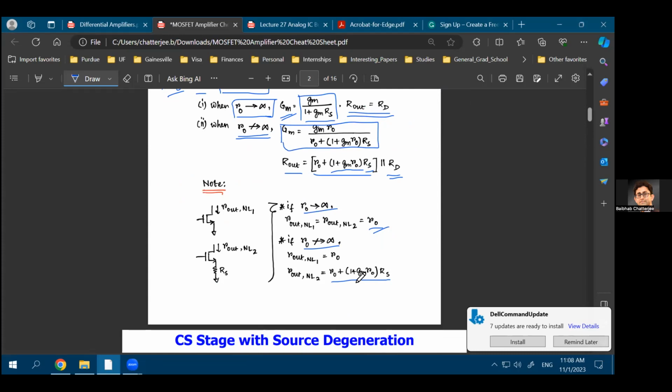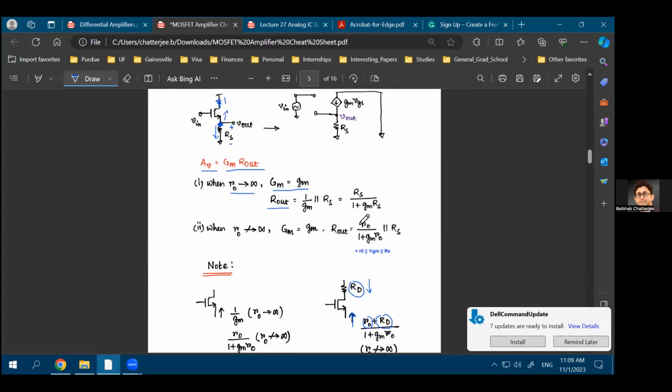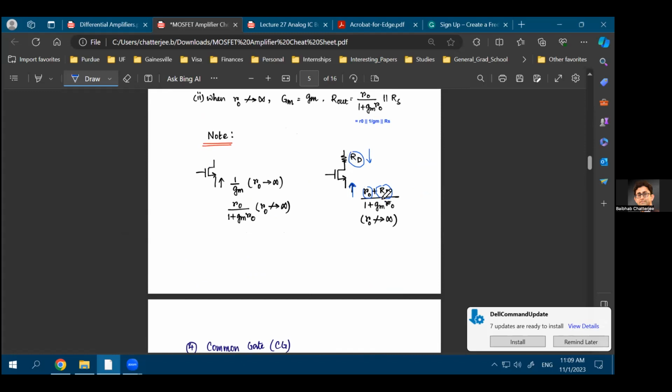And I'm again assuming that at this point you can solve the small signal models to come up with these equations yourselves. So if you look from the drain, the resistance connected at the source gets multiplied by the 1 plus GMR factor. As you are looking from the source, the resistance connected at the drain gets divided by this 1 plus GMR factor.